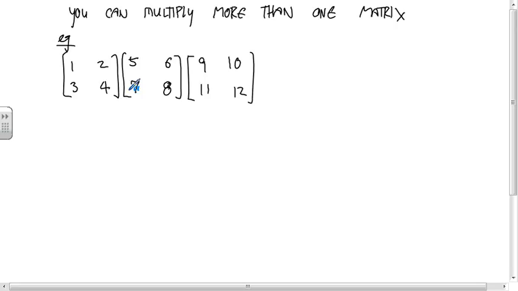Which way do you group them to multiply? That actually doesn't matter. So the order matters, but the way you group them in multiplying doesn't.